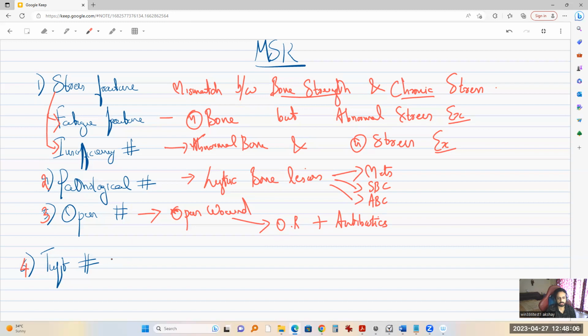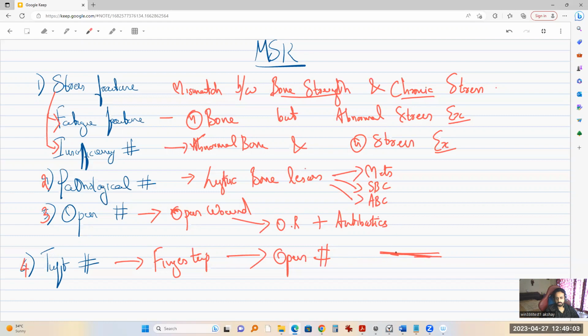So the next one is a tuft fracture. This is a bonus fracture. From the name, if anybody can guess, it's a fracture involving the fingertip. The special thing about tuft fracture is that these fractures are considered open fractures if the fracture involves the nail plate.